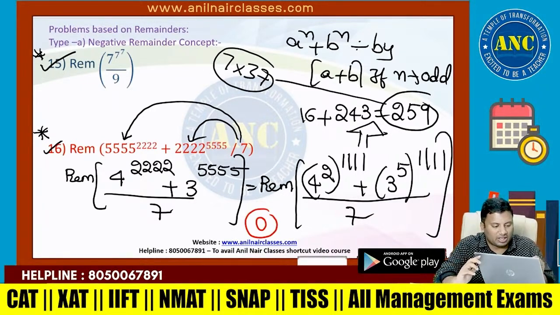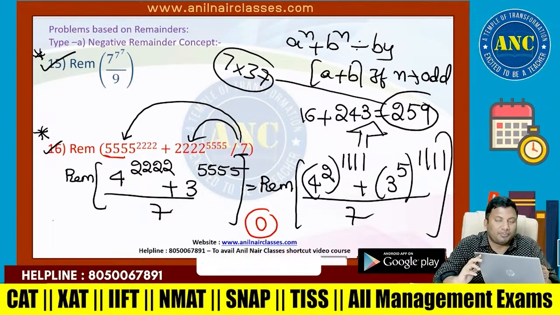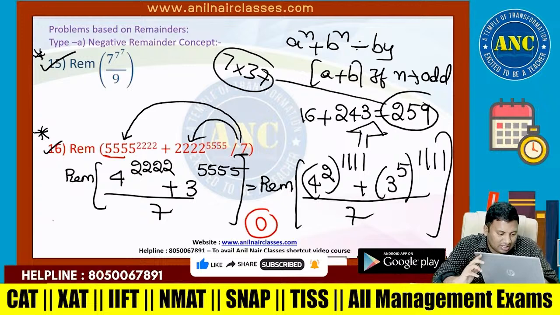Again I am explaining. 7 7s are 49, 65; 7 9s are 63, 25; 7 3s are 21. So this is 4.